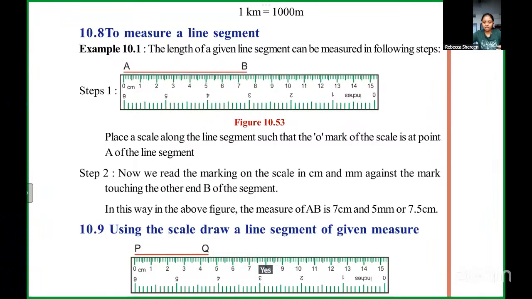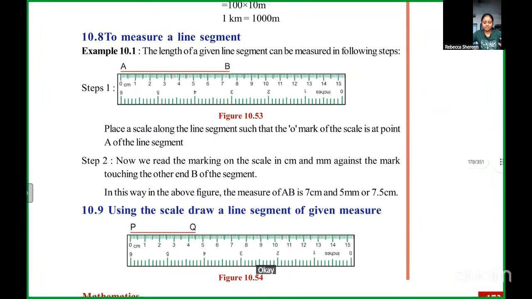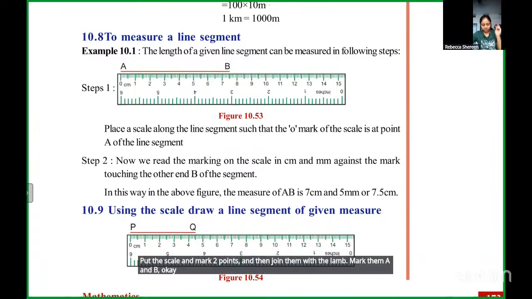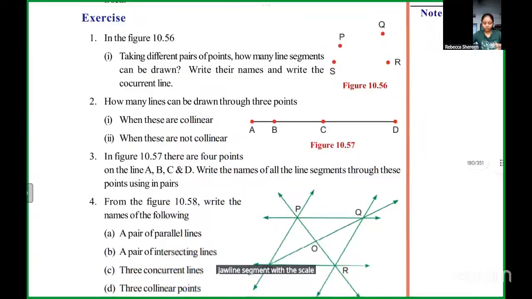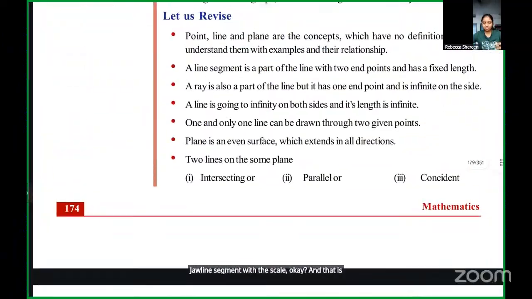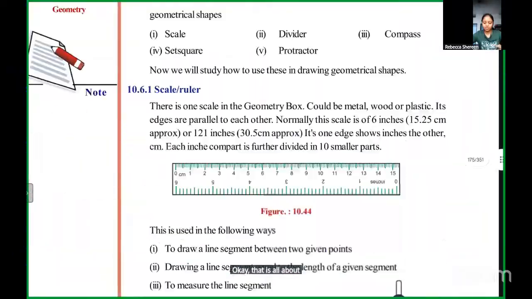Yes. Okay. See, it's very easy. You just put the scale, mark 2 points, and then join them with a line. Mark them A and B. That's how to draw a line segment with the scale. And that is all about chapter 10.